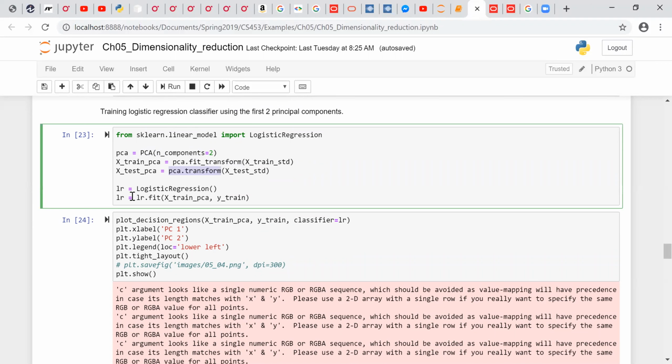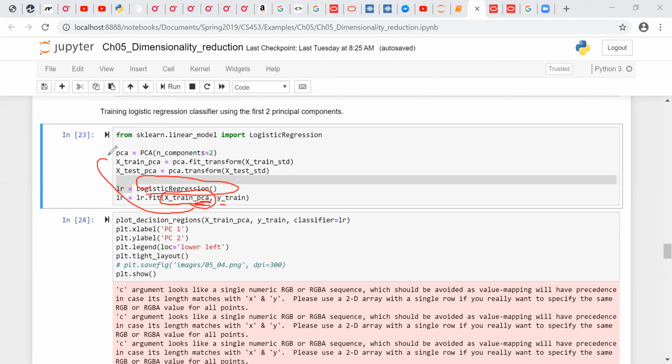After that, you apply logistic regression to do the classification. This time, your logistic regression is on the data from your PCA. So this is projected data, not the original data.